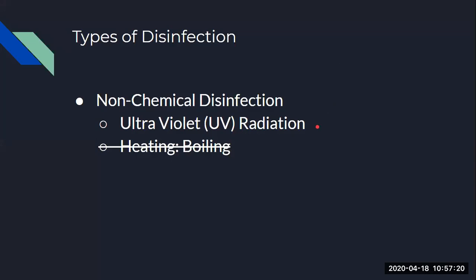Now, I want to say something about that, because most of the disinfectants that we have discussed, especially the chlorine ones, have what we call a residual. We have some way of ensuring that a certain concentration remains in the distribution system to maintain disinfection. However, ozone, I believe, and for sure UV light do not have residuals.